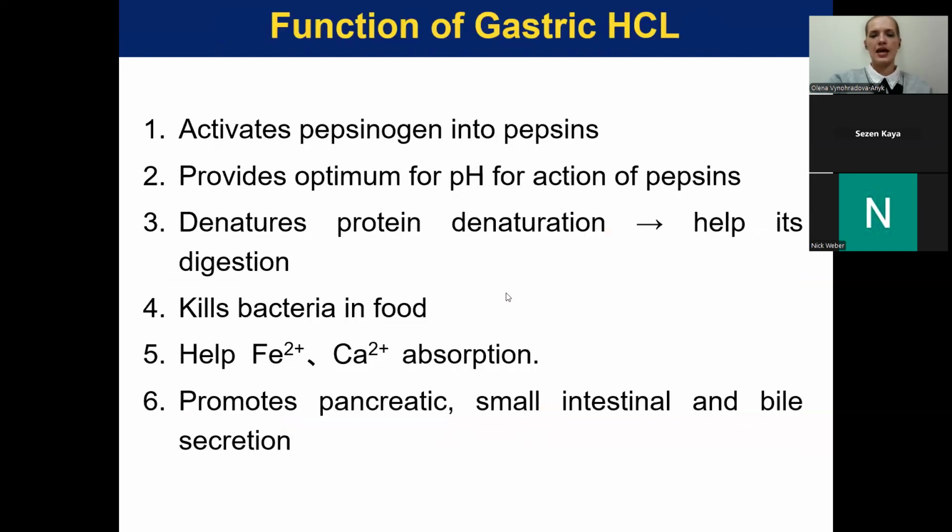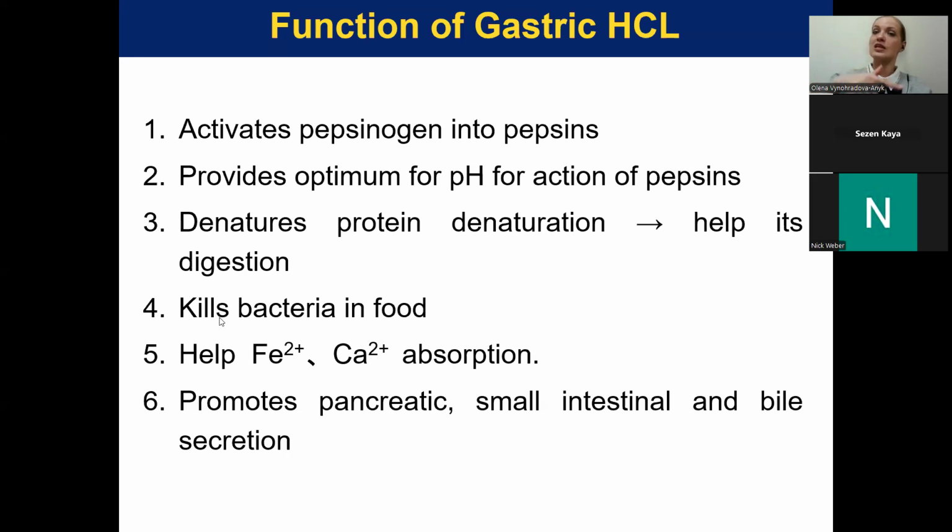Acid helps activate pepsinogen, its transformation to pepsin, provides optimum pH for action of pepsins, induces denaturation of proteins, kills bacteria in food like an antibacterial action, and helps iron and calcium absorption.